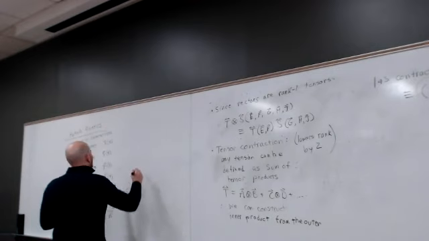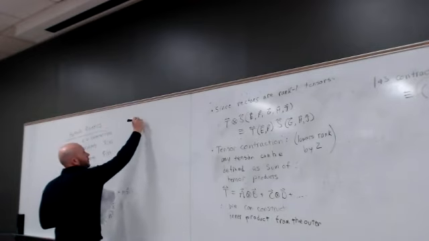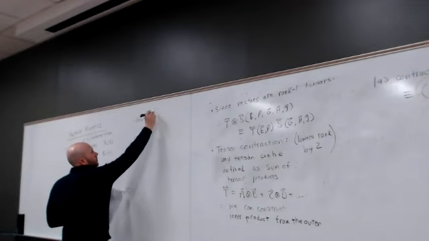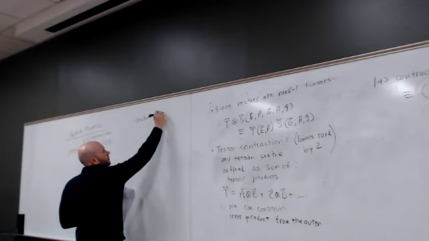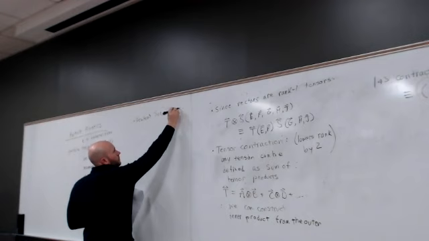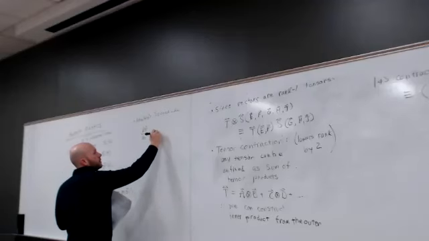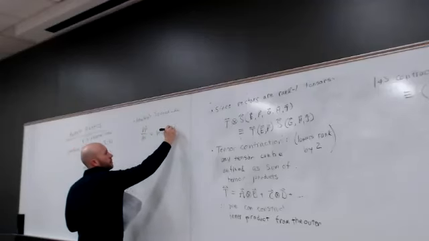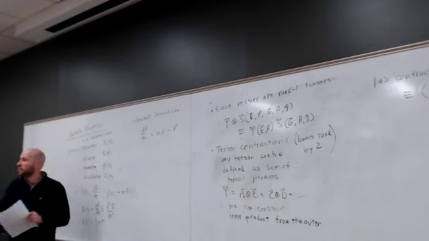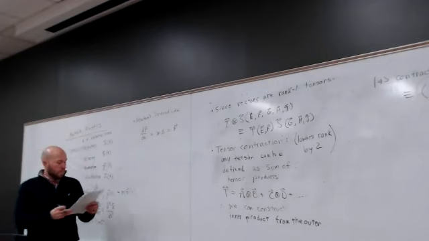Okay. From Newton's second law, we know that the change in a particle's momentum as a function of time is equal to the force acting on that particle. F equals ma, dp/dt.